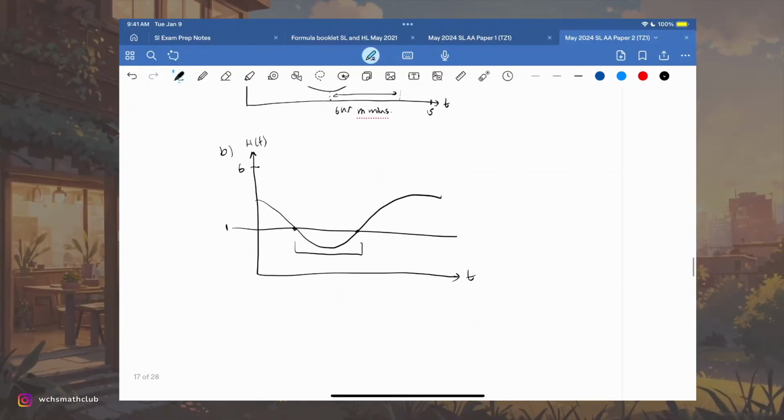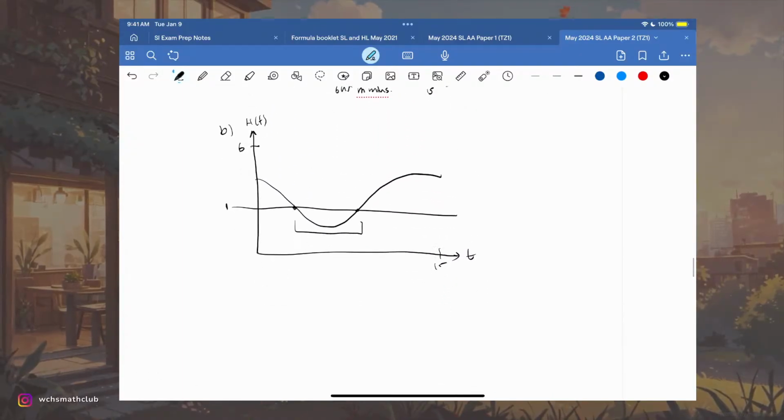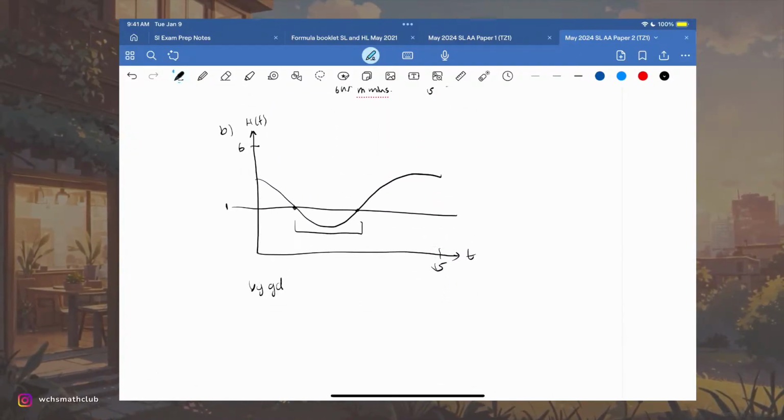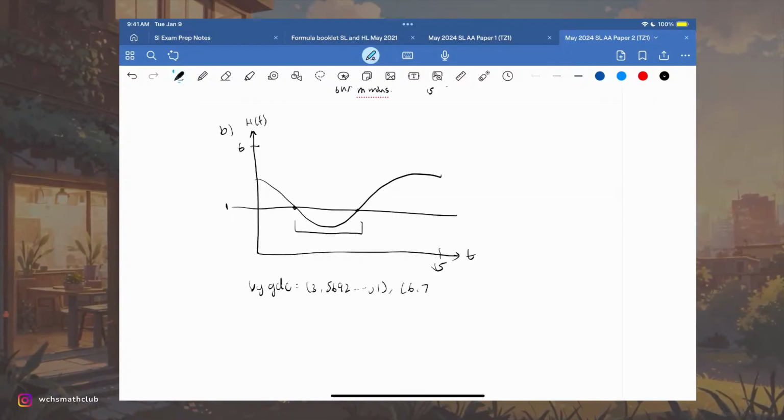Okay, so by your graphing display calculator, the 2 points will be 3.5692 and so on, because we're looking for the intersection between the graph and the 1 meter line, and also 6.70684.